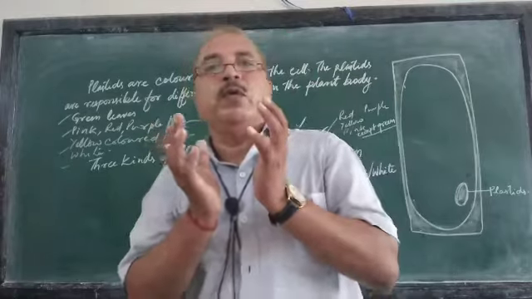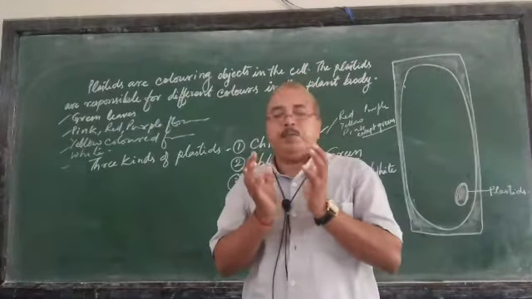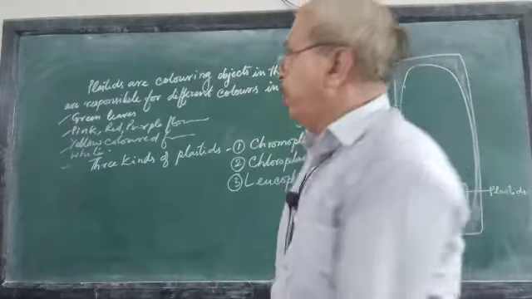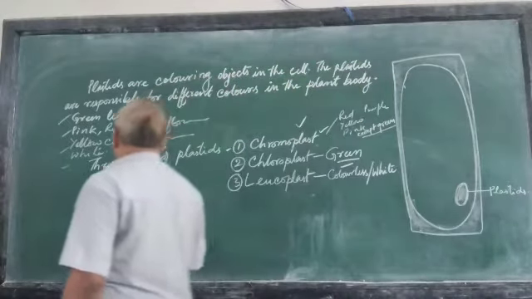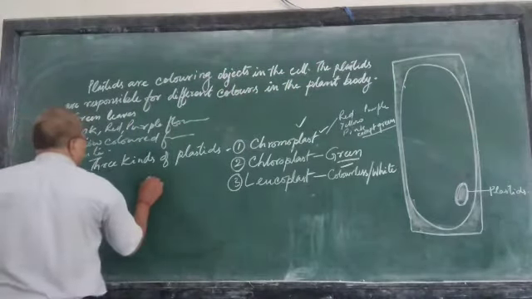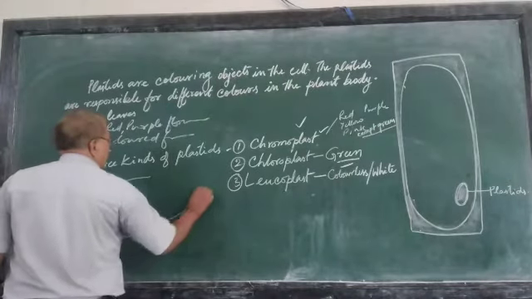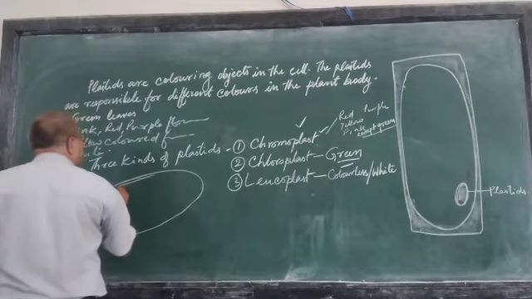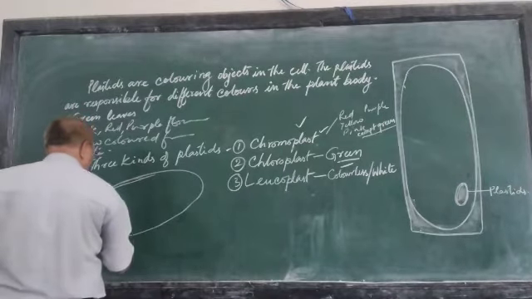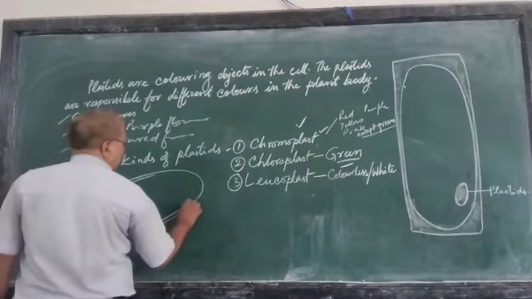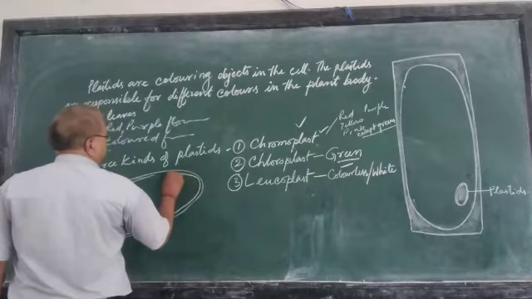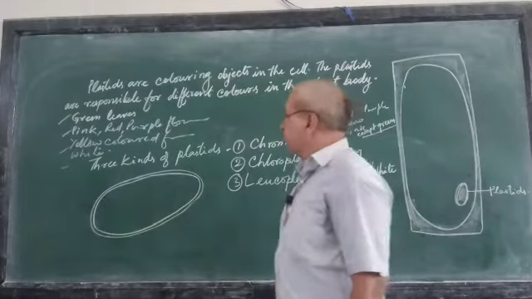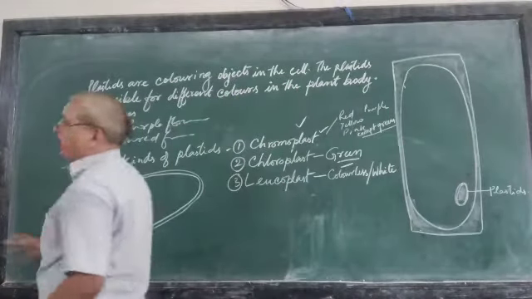Similarly, like a guava, we have this plastid. The plastid is a structure that is bound by two membranes. Clear? And these two membranes pack this.